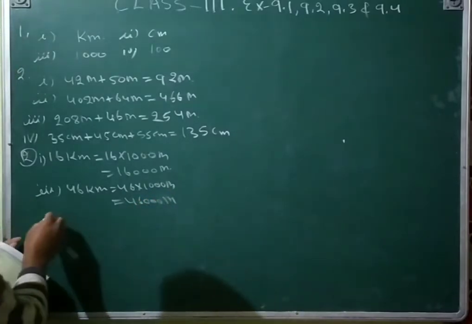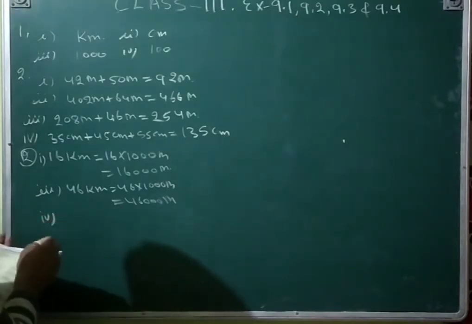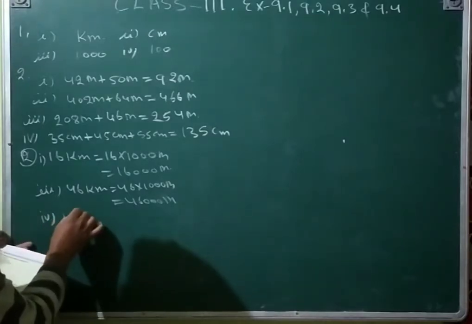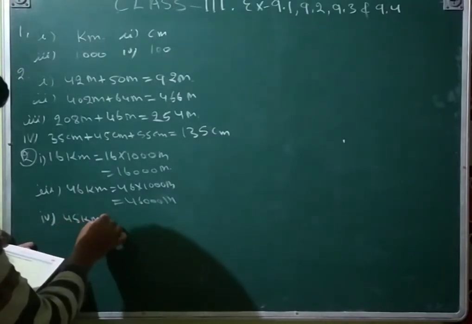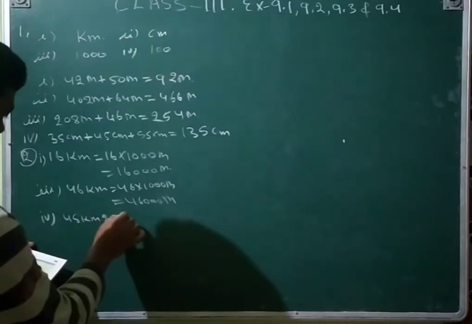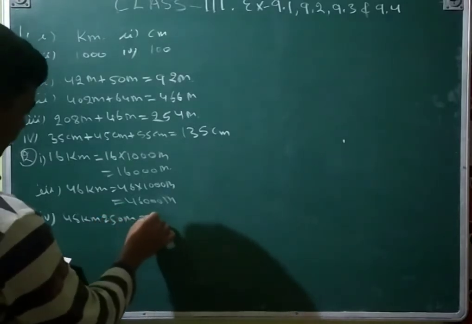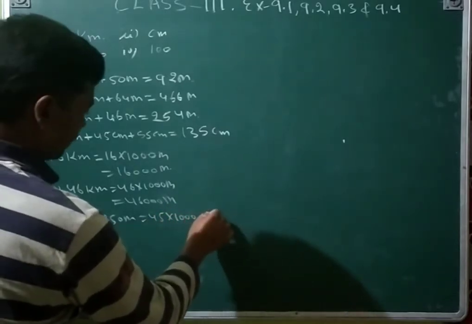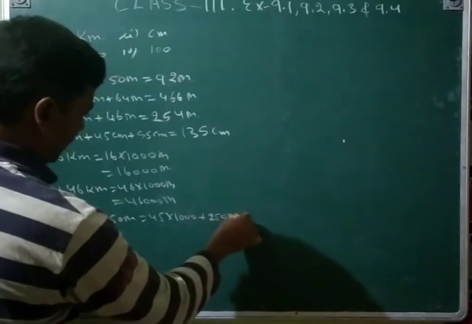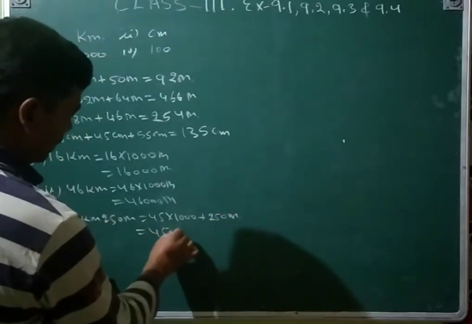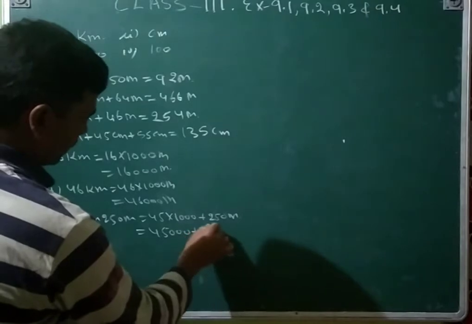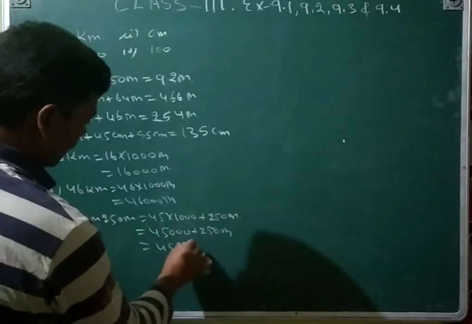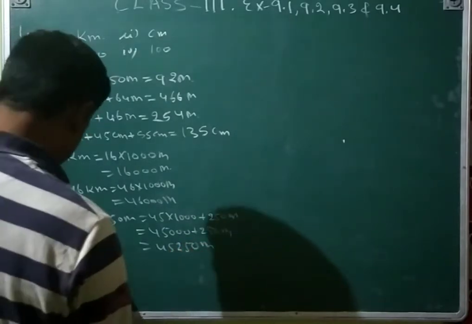And then fourth part is 45 kilometer and 250 meter. So 45 multiply 1000 plus 250 meter, and then 45,000 plus 250 meter. So that will be 45,250 meter.